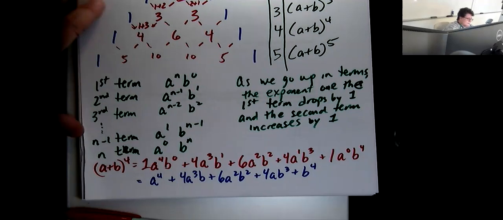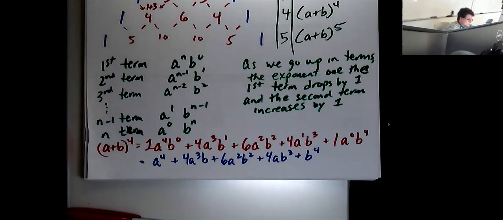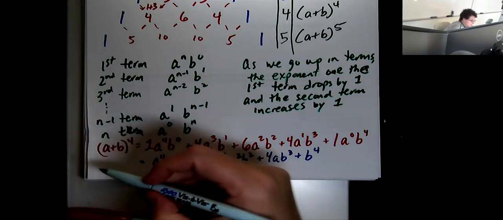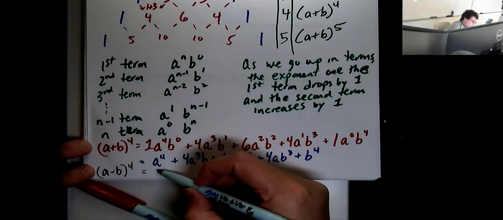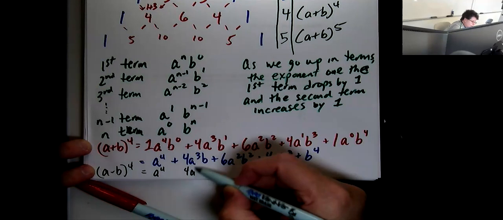And maybe I should show what happens when we have A minus B. If it's A minus B, we have all the same values here.